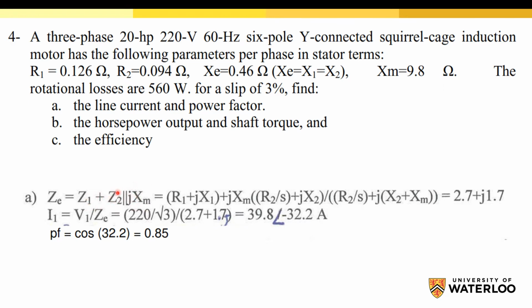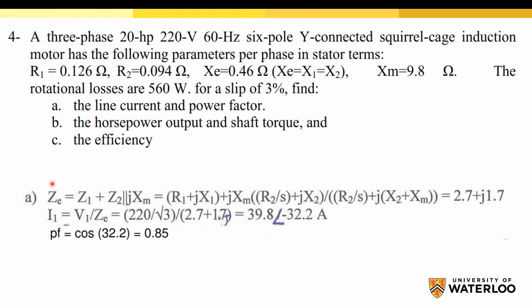So Z2 is equal to R2 over S plus jX2, which is in parallel with jXM. So we calculate jXM in parallel with Z2, and then this is added to the primary impedance. So we have the equivalent impedance here.